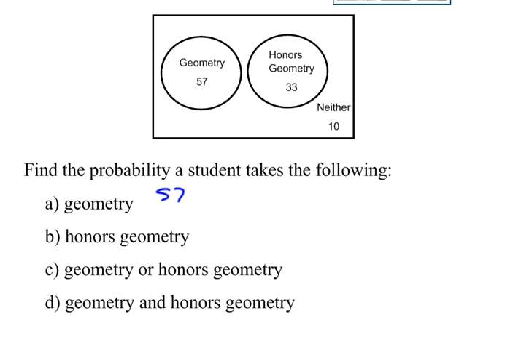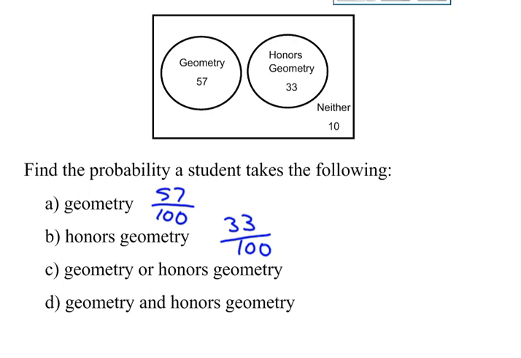We get 57 students who take geometry out of 100 total students. Part B, what's the probability that a student takes honors geometry? 33 out of 100.